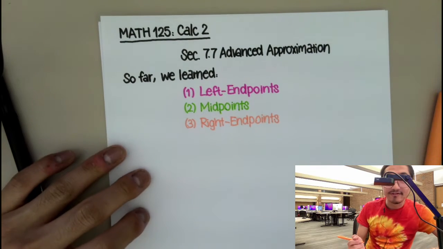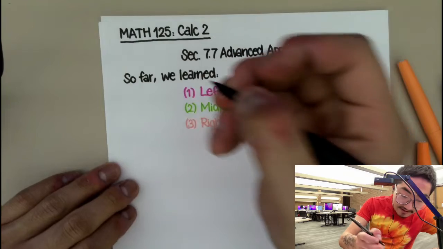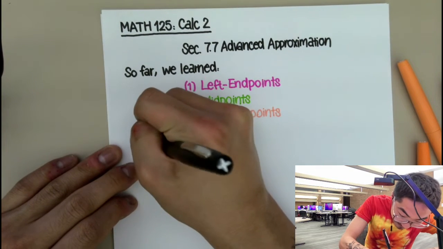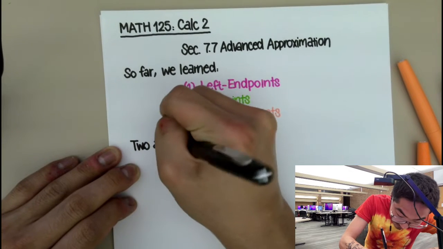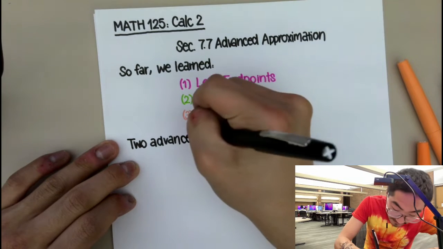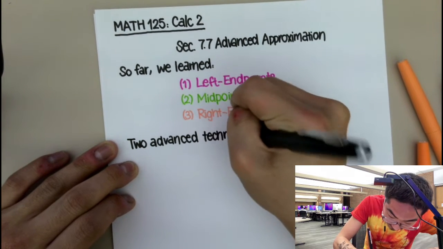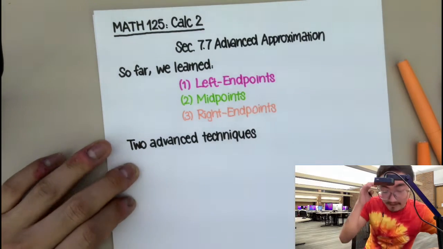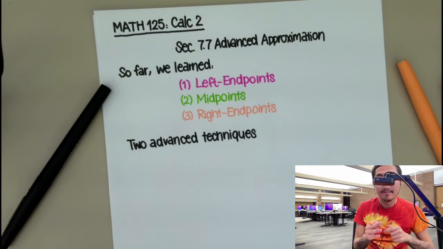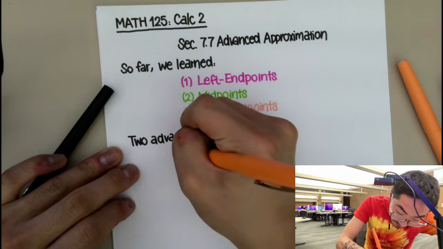So today we are introducing two advanced techniques. Number four is the trapezoid rule.